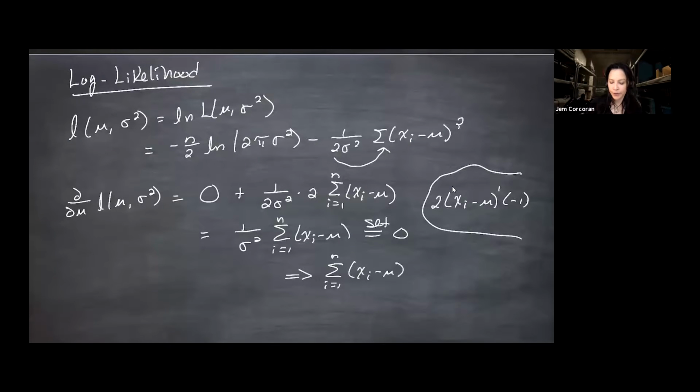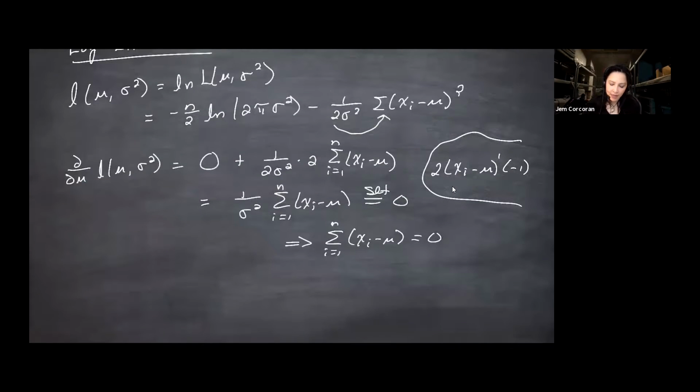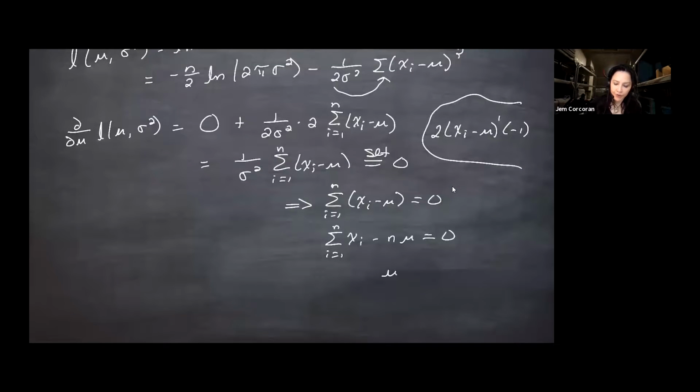The 1 over sigma squared is not going to make this 0. And so this is saying that the sum from 1 to n of xi minus n mu is 0, and we can solve for mu and put a hat on it, and that is that mu hat is x bar. So in general, you should expect to have to use both equations to find the parameters. But in this case, we got the MLE.